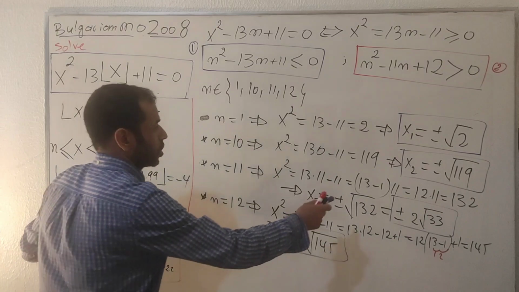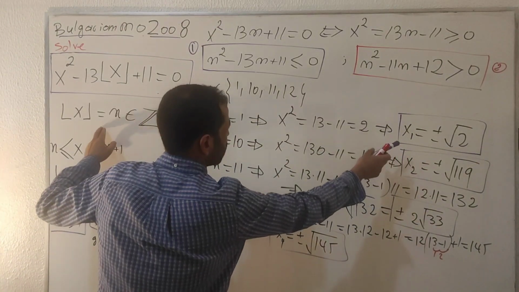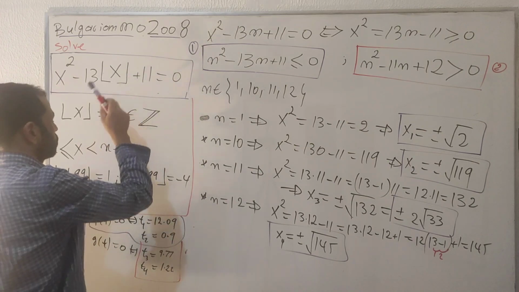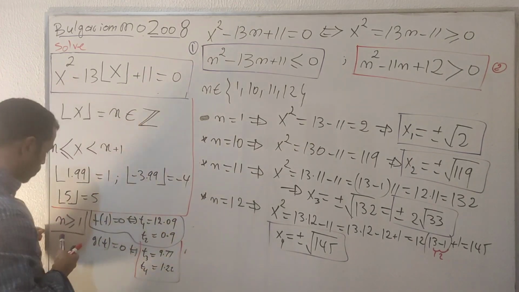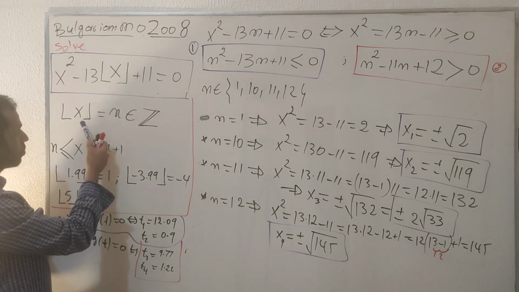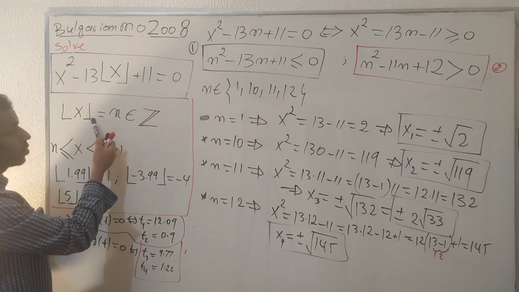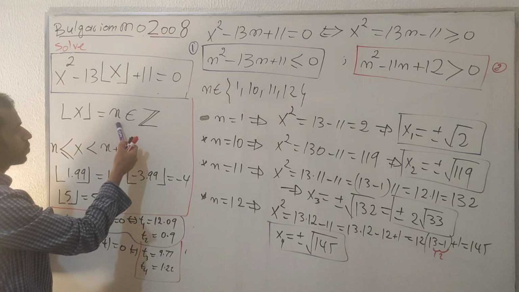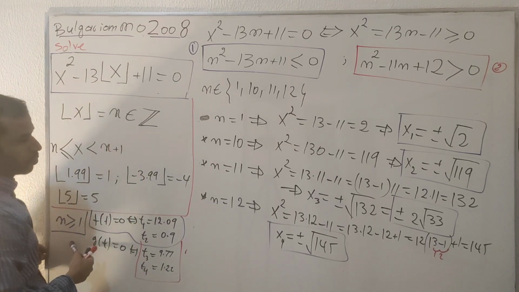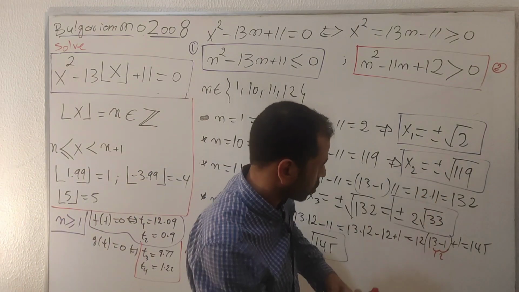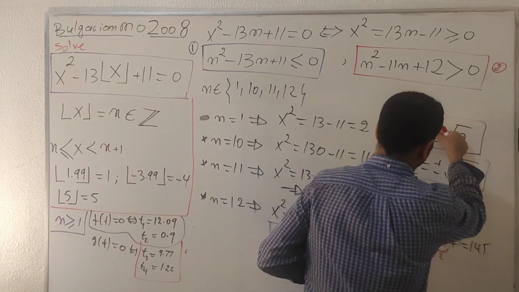If you check the floor of x and you replace the negative solutions, it will not verify this equation. Also, if you remember, we already proved n is superior or equal to 1, which means the floor of x must be positive, a positive integer. Based on this proof, we are going to cancel out the negative solutions. I will be left only with positive solutions.